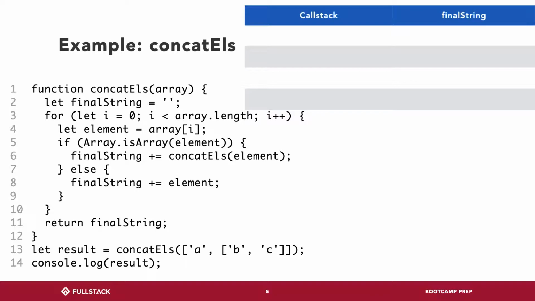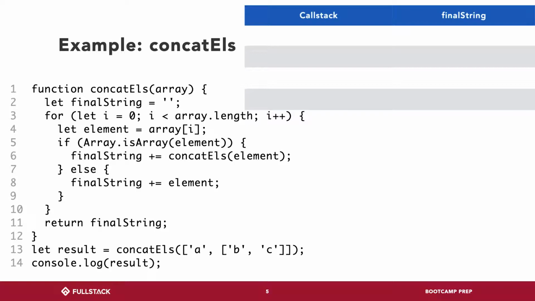If it is, we still have to add something to final string, right? Because there's an element somewhere. It's just deeper down into the arrays, okay? So that means we have to call the function again and pass that element inside. Because all this function does is for loop, right? Then, outside of the for loop, we return the final string.